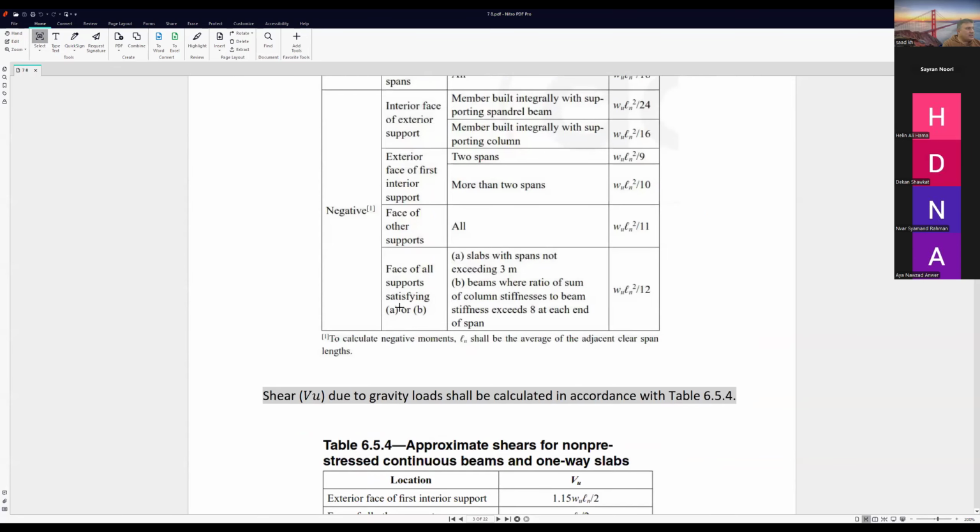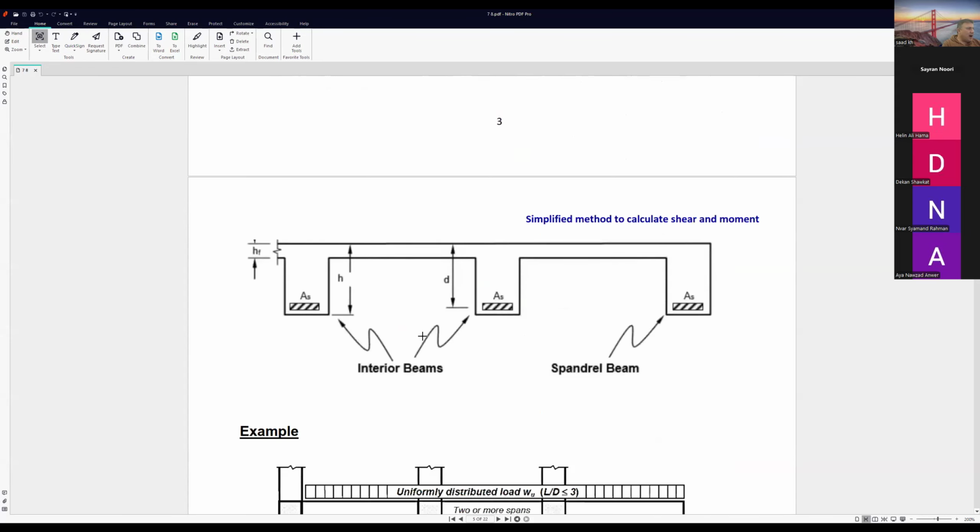So this is not the face of all supports. Slabs with spans not exceeding 3 meters, for example 2.5 or 3, and beams where the ratio of sum of column stiffness to beam stiffness exceeds 8 at each end of the span, okay, it will be high.